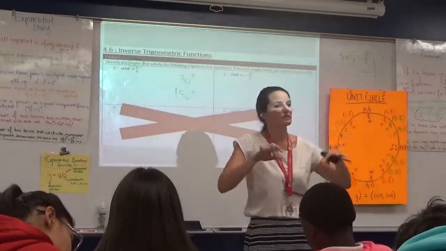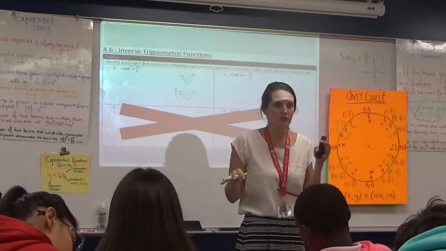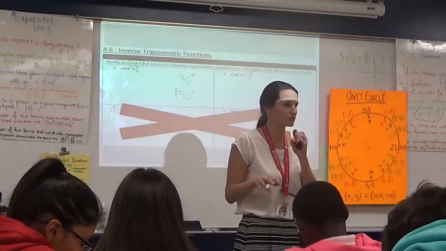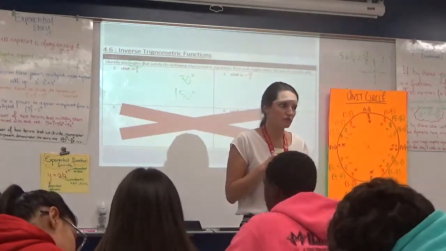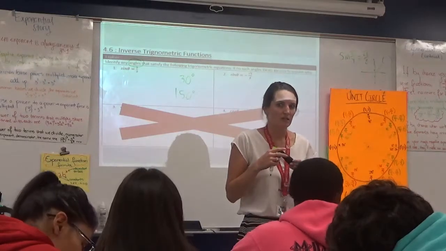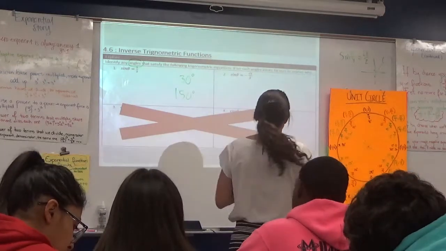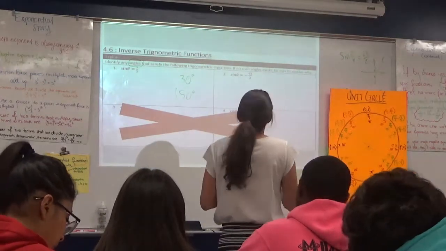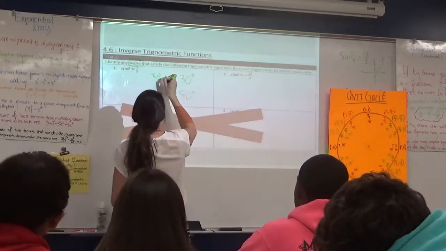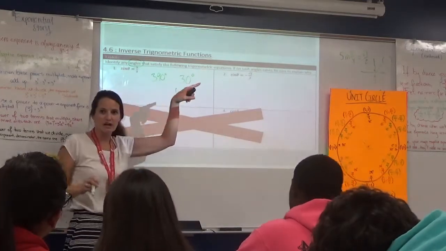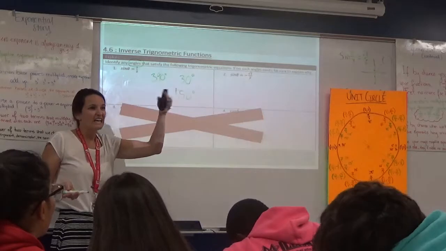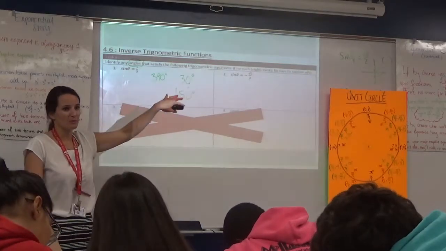You could do any of these in degrees or radians. I've noticed a lot of people doing degrees, so I'm just going to stick with degrees too. Did anyone have any others? Isaiah? 390. Let's check. Yeah, so 390 is a coterminal angle for 30 degrees, right? So technically, I could write an unlimited number of angles.